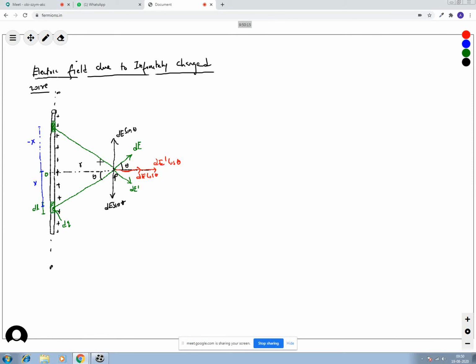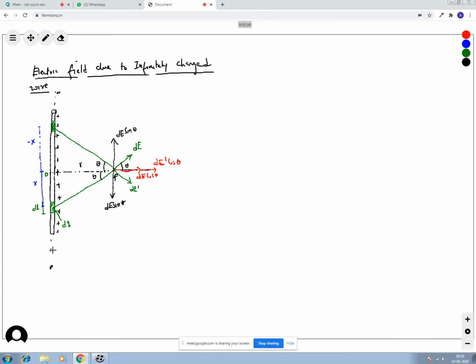So look properly, what is happening? We will have so many small charges present one after the other, and all of their electric fields are going to act at P. I have randomly taken some dq at a certain distance x from it.